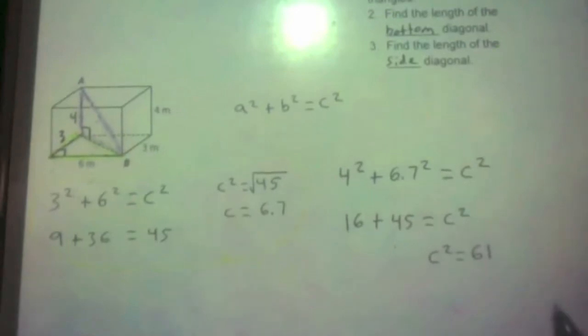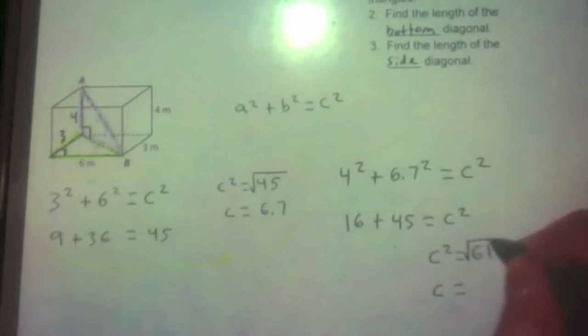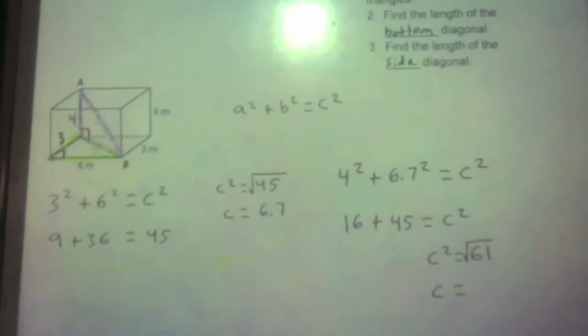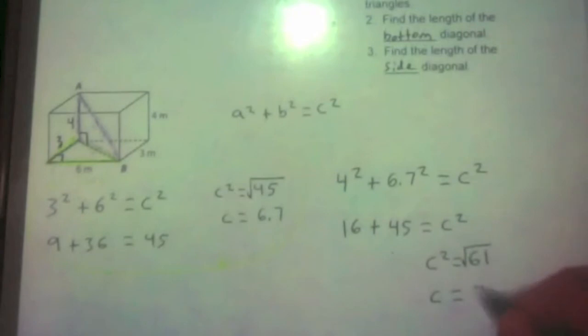61 is not our answer. We need to take the square root of 61, and it is also an irrational number. It's going to get us a very long number that will not end. So we're going to have to round this one also, and we're going to call it 7.8.